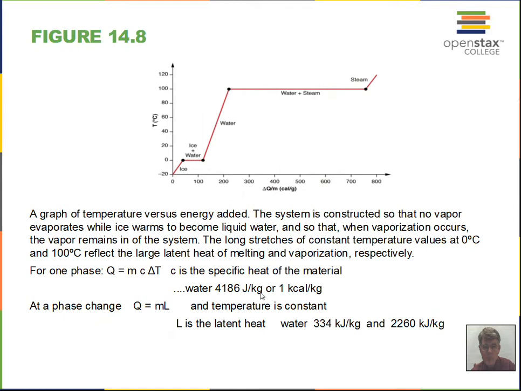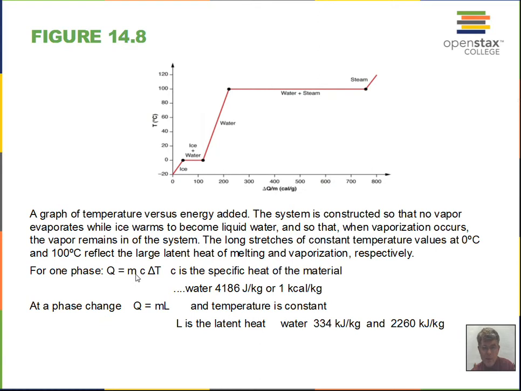So if we had 1 kilogram of water and we wanted to have the temperature rise by 1 degree Celsius, so 1 kilogram of water, specific heat 4186 joules per kilogram, and we have 1 degree Celsius as our desired temperature change, then what do we have for the Q number? The Q number will be 4,186 joules.